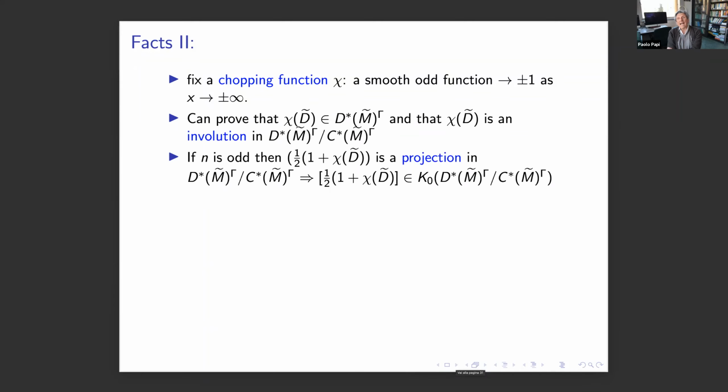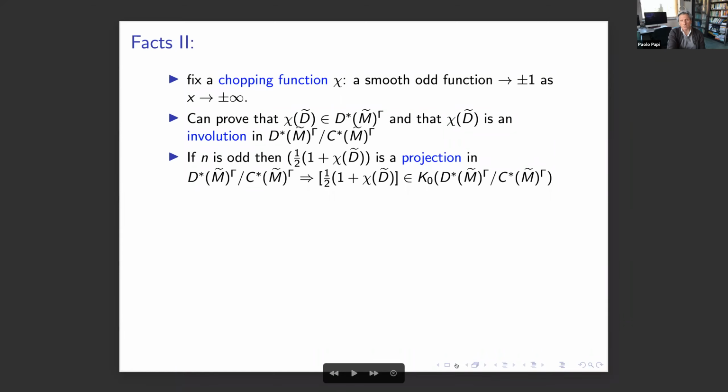Of course, chi squared minus 1 is going to 0 at infinity. And this means that chi of D tilde is an involution in the quotient. That means that the operator one half (1 plus chi of D tilde) is a projection. And so if that is a projection, we get a K theory class in the quotient.